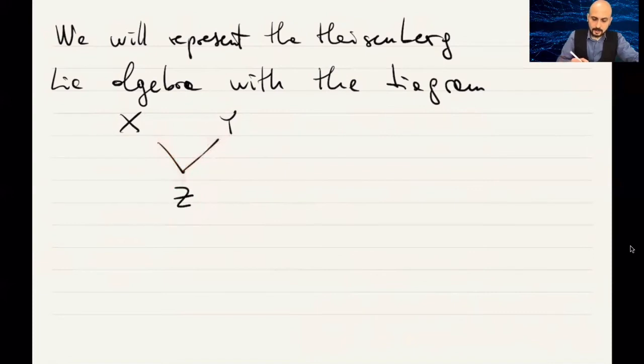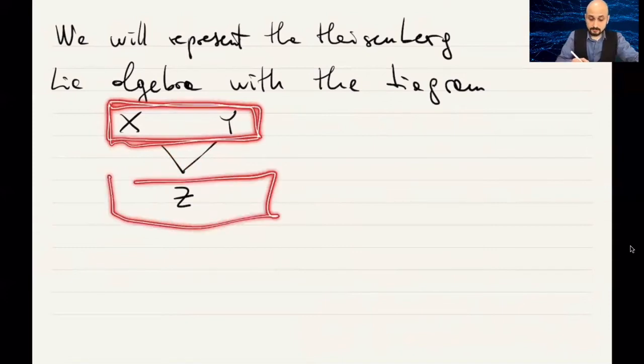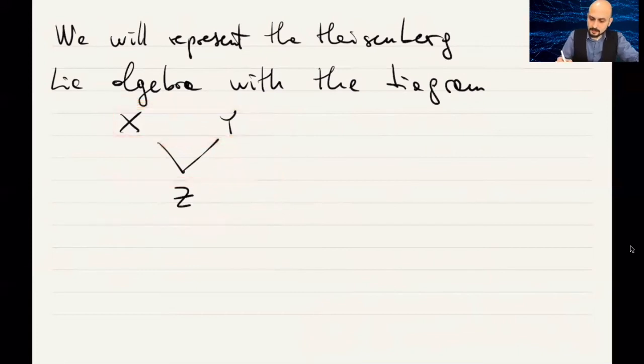And writing it this way also makes you understand that if you take the span of these vectors, they will generate the other space. These two vectors define the first layer V1, and Z defines the second layer V2.